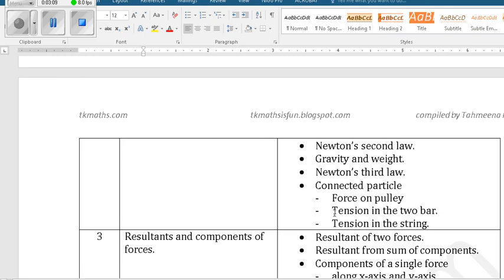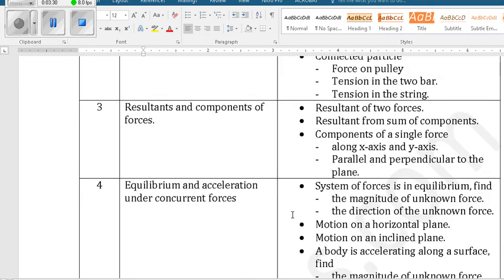So what is the tension in it? Or there's a straight table with particles hanging at the two ends, or maybe not a straight table, it's a ramp. Those types of questions come under the concept of connected particles. So make sure you revise one or two of each type.